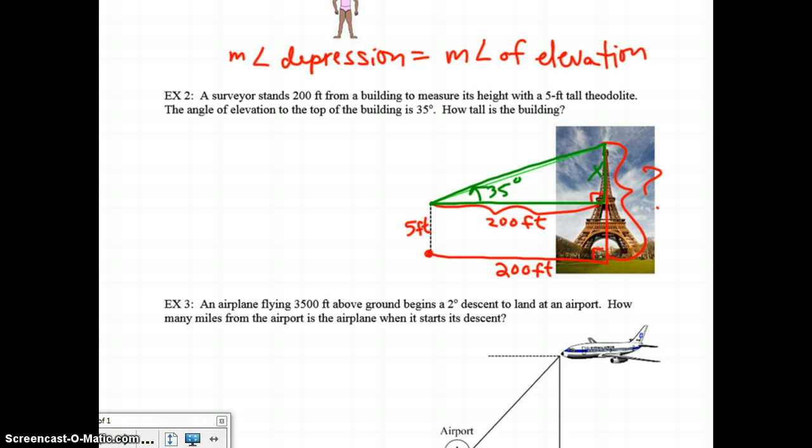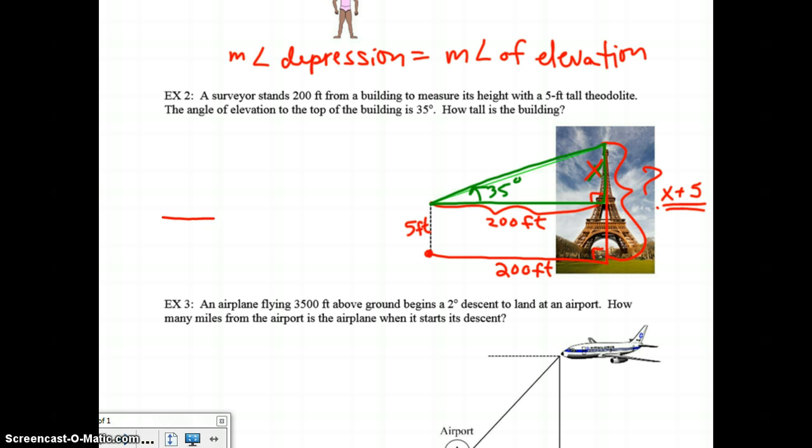So we're going to find just the height of the triangle. When we find that, we're going to add the height of the theodolite to get the height of the entire building, which is going to be x plus 5.